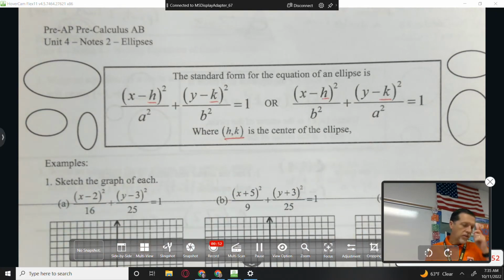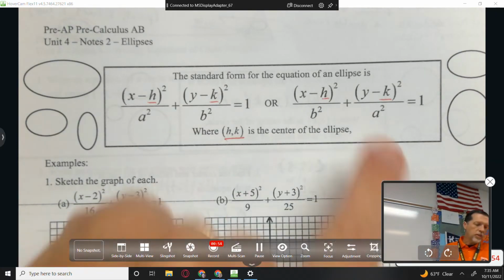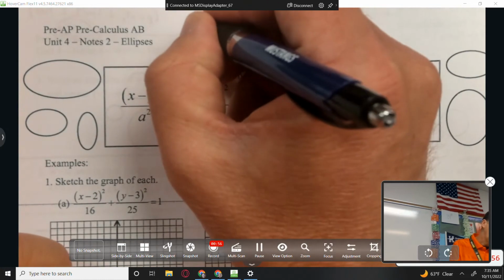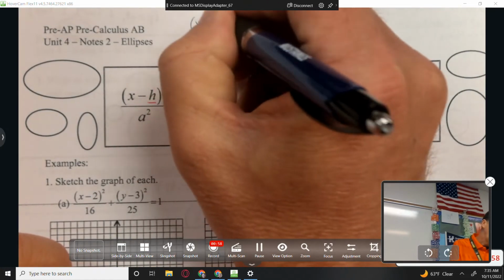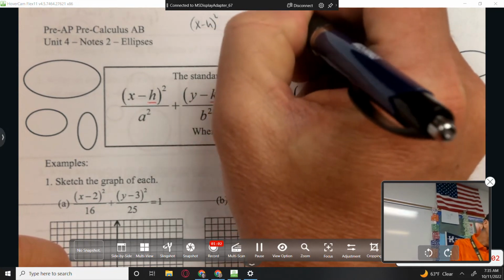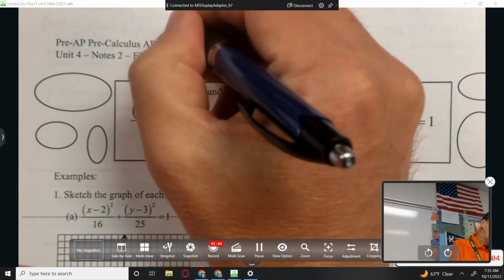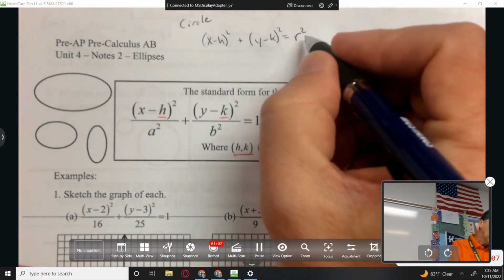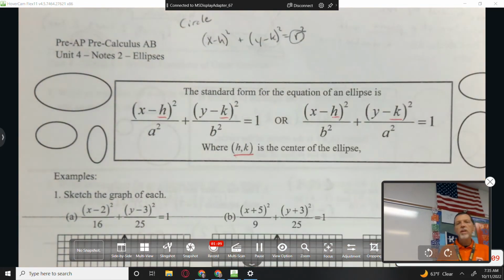Now, the big difference is instead of having equals r squared on the other side, like a circle, right, there's our circle. The circle has one radius. Here's the easy way to think of this. The circle has one radius.